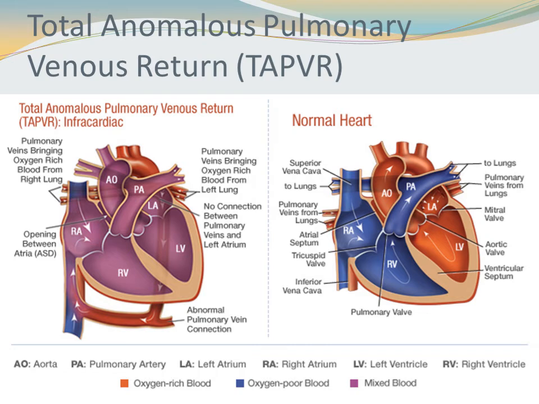Total anomalous pulmonary venous return has three types: supracardiac, cardiac, and infracardiac.